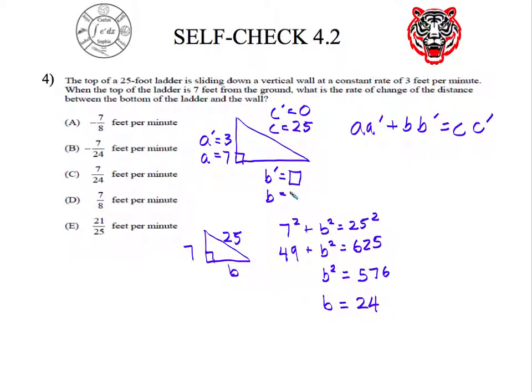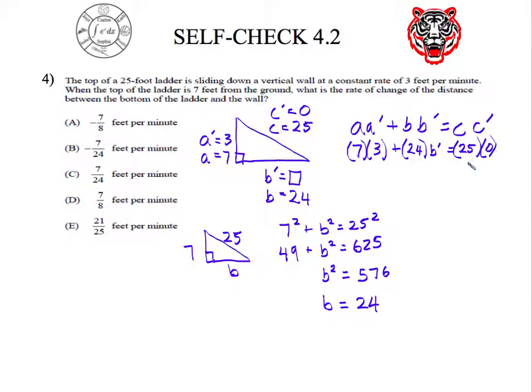All right, so I have my 24, and I'm ready to sub into my equation. A was 7, my A prime was 3, plus B was 24, and B prime, we don't know, and our C was 25, and our C prime was 0.